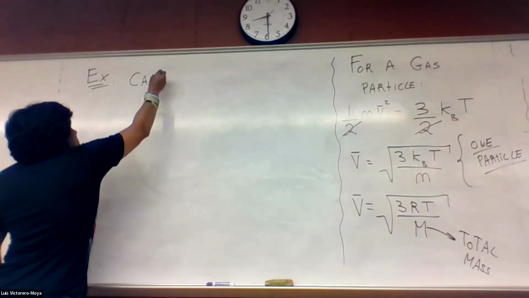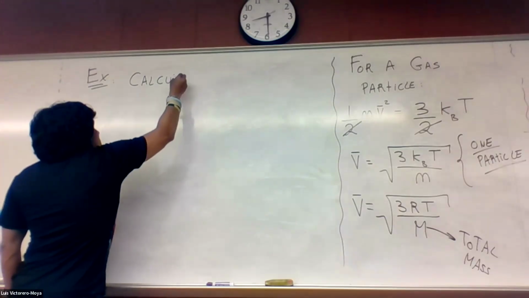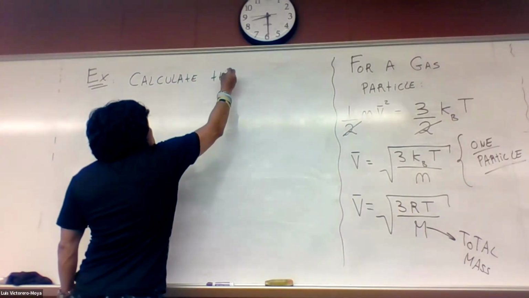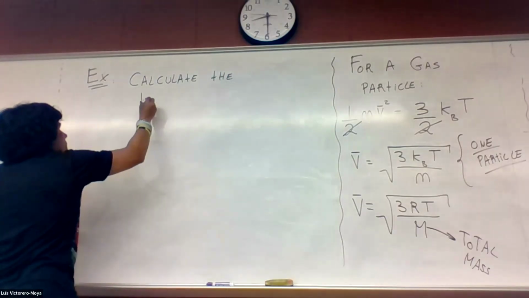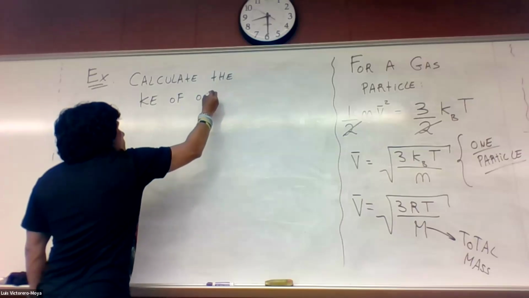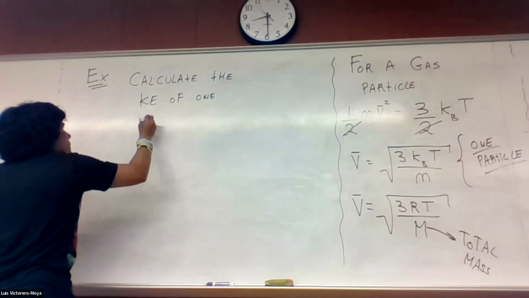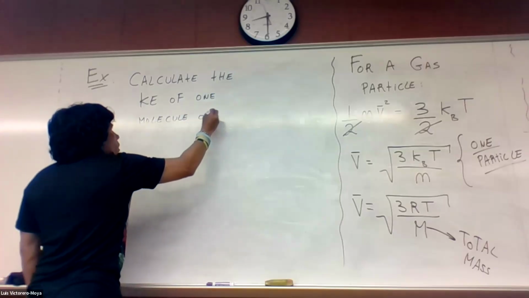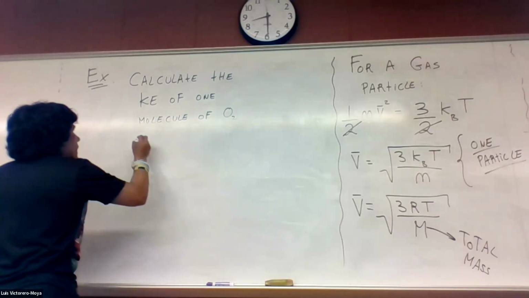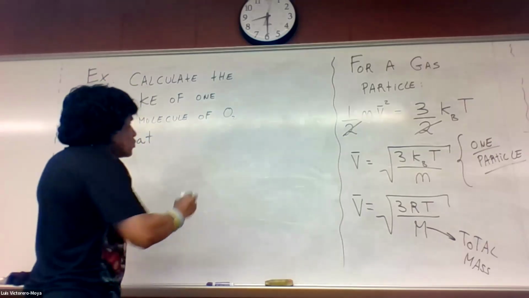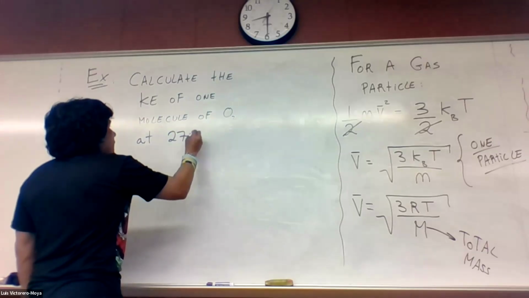So calculate the kinetic energy of one molecule of oxygen at 270 kelvins.